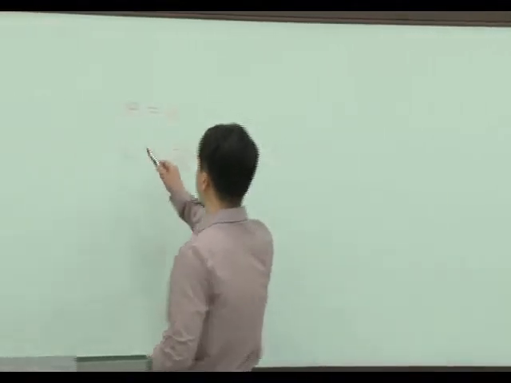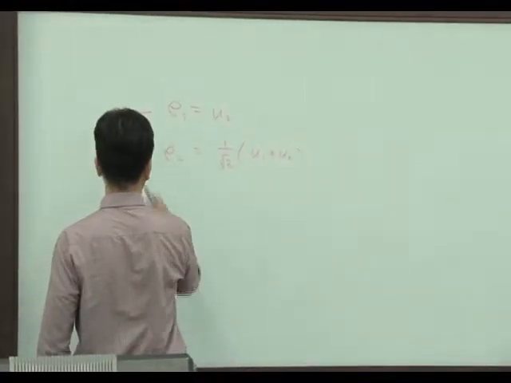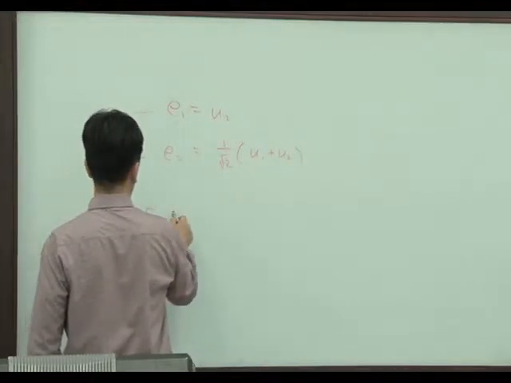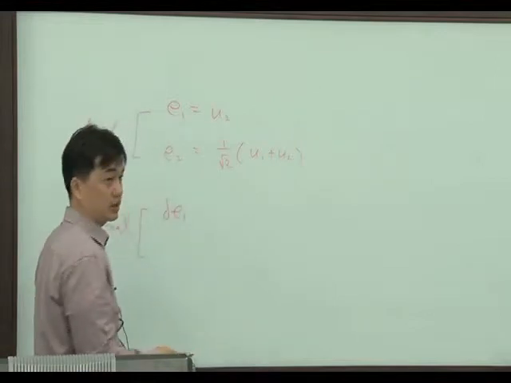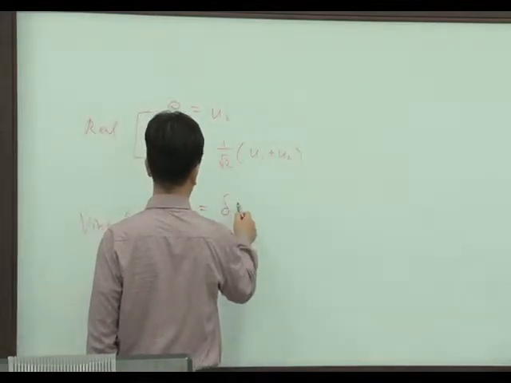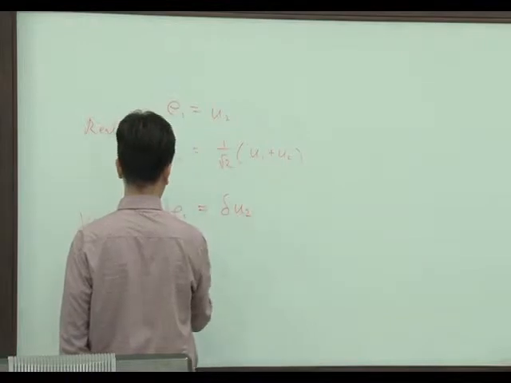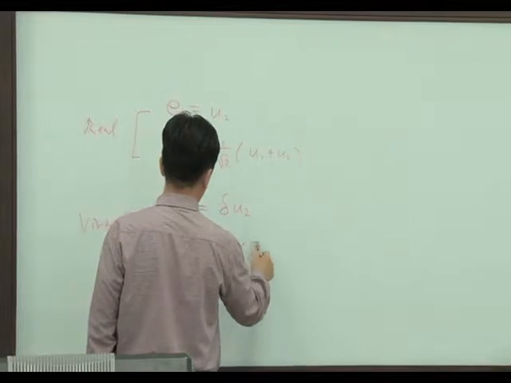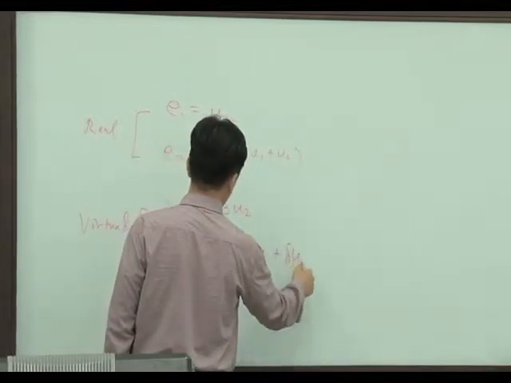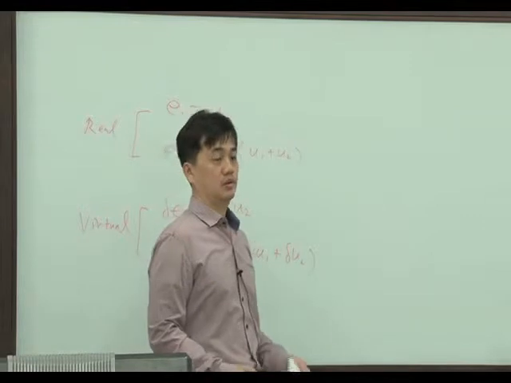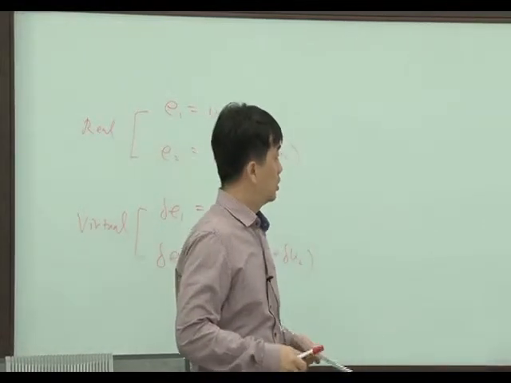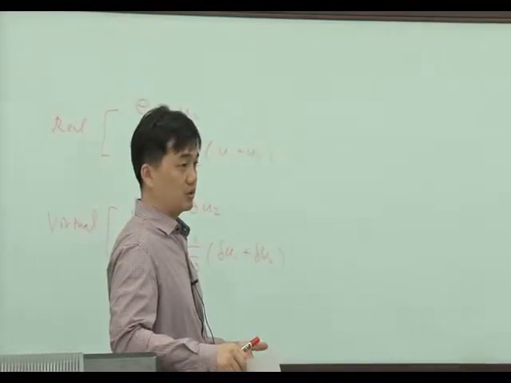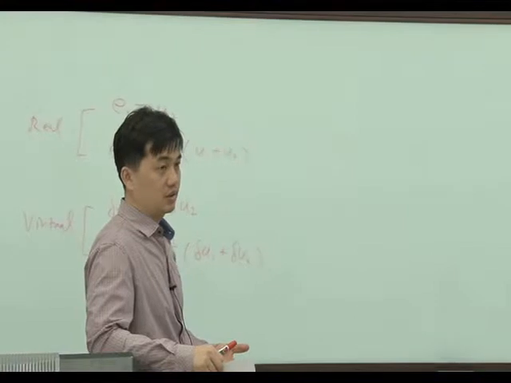So for the virtual case, virtual strain E1 equals virtual displacement U2, E2 equals 1 over square root 2 virtual U1 plus virtual U2, right? So we are using the same displacement pattern for virtual and real, okay?